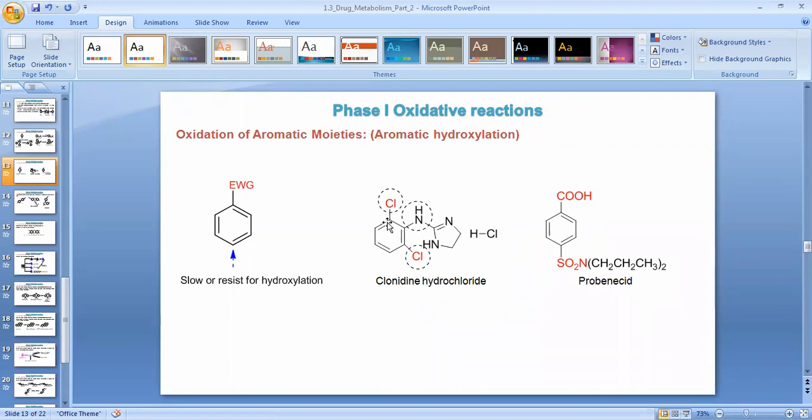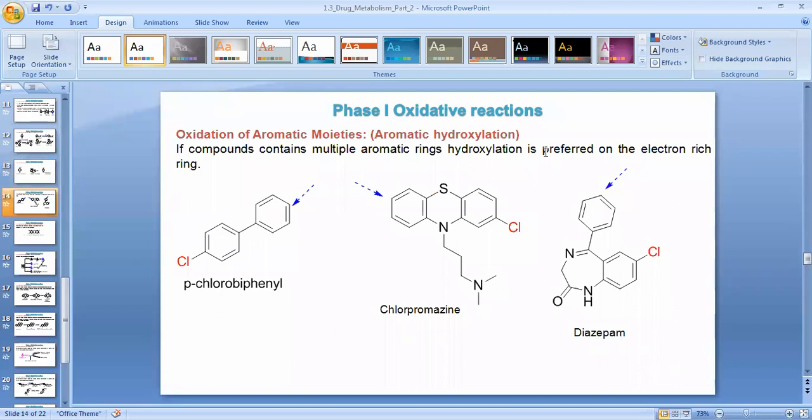See, the benzene ring is there, but it is attached to electron withdrawing groups. If the ring is attached to electron withdrawing groups like halogen atoms, it slows down the process of aromatic hydroxylation. Such examples are clonidine hydrochloride, where the electron withdrawing group is chlorine. Another example is probenecid. So such metabolic reactions are either slowed down or resist aromatic hydroxylation.